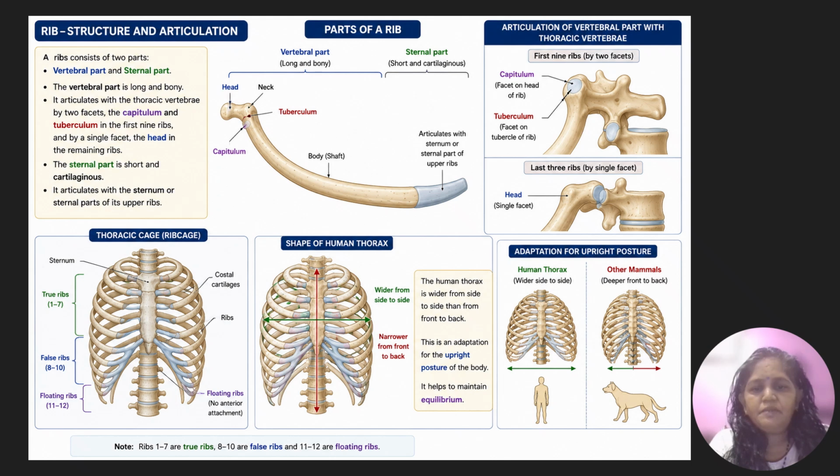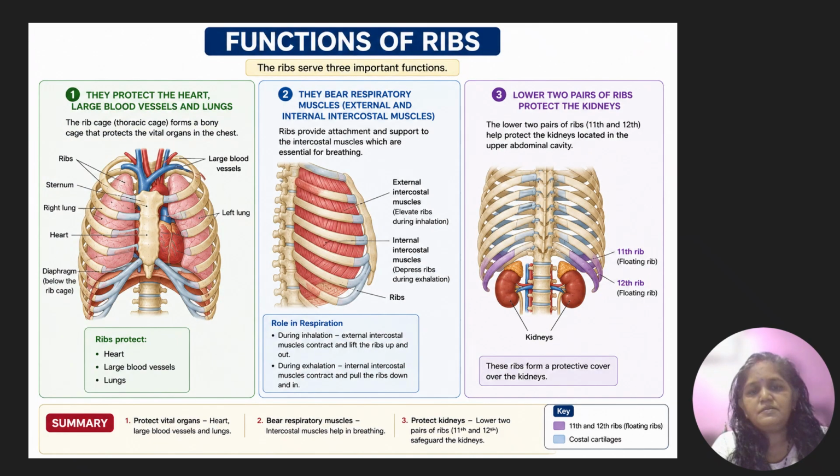Because of this adaptation, only we are able to stand properly, upright, and we are able to maintain our body equilibrium. Now, the first 9 ribs have 2 facets, while the last 3 ribs, that is the 10th, 11th and 12th ribs, have a single facet.